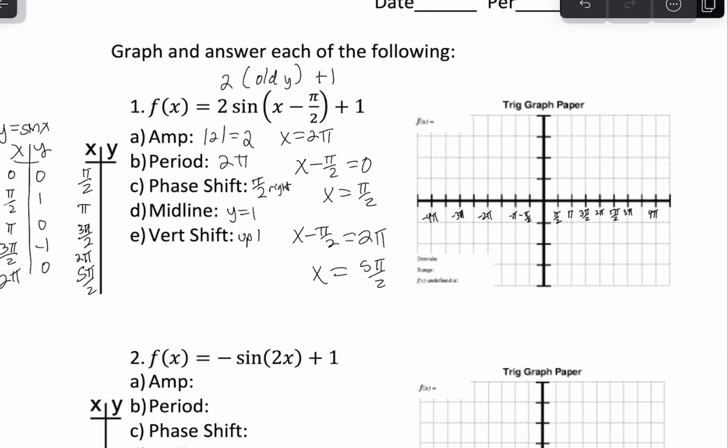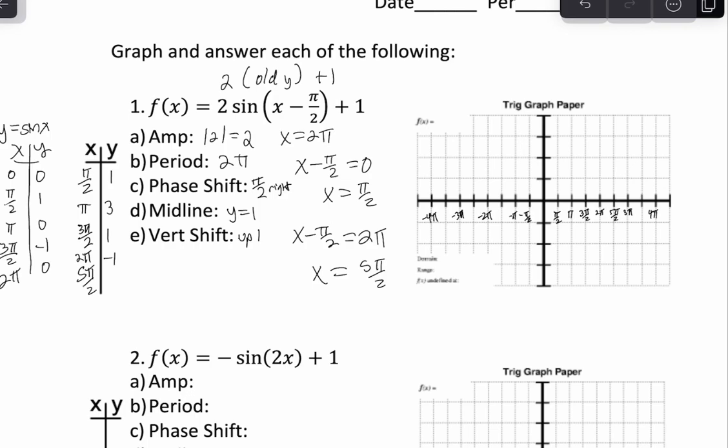Okay. So our first one's going to be 2 times 0 plus 1, which is 1. Our next one's going to be 2 times 1 plus 1, which is 3. The next one's going to be 2 times 0 plus 1, which is 1. The next one's going to be 2 times negative 1, which is negative 2, plus 1 is negative 1.